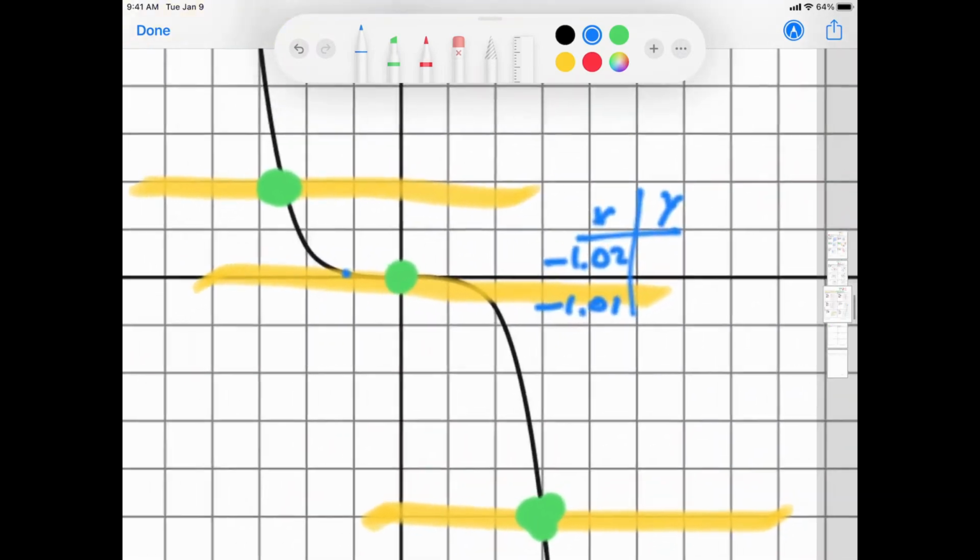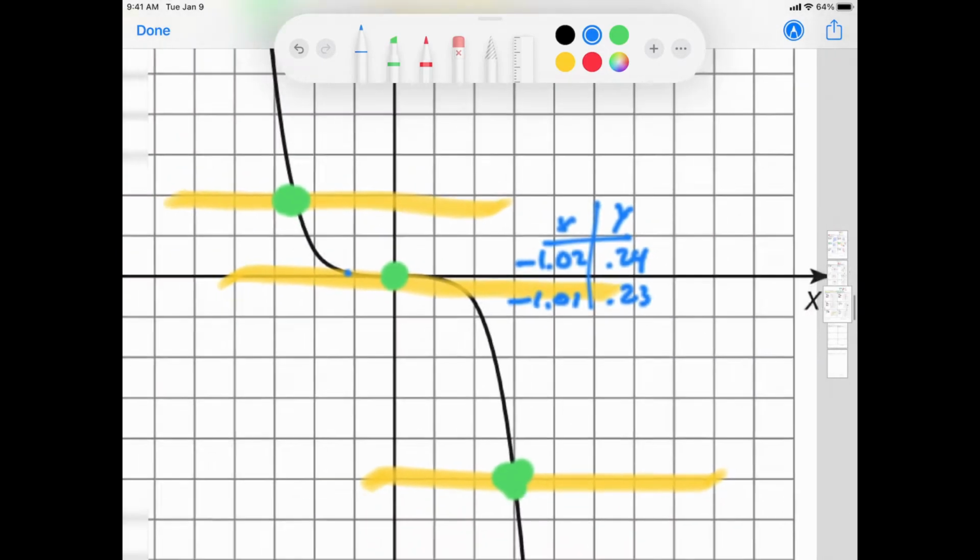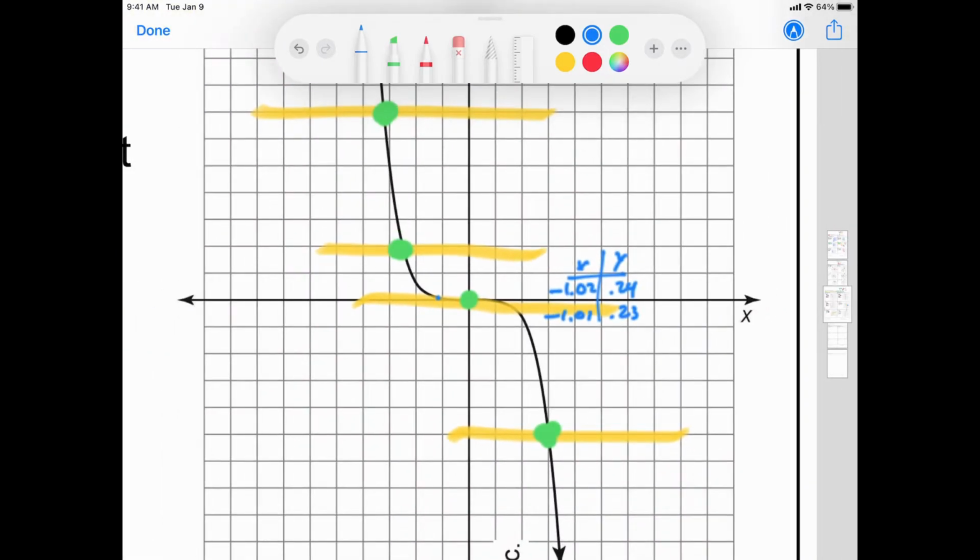And what's happening is the number is approaching 0, 0.24, 0.23. But what will happen is the y values will never be the same number as 0. The only time it's going to be 0 is at the ordered pair 0, 0.